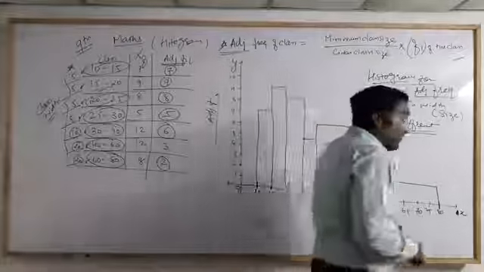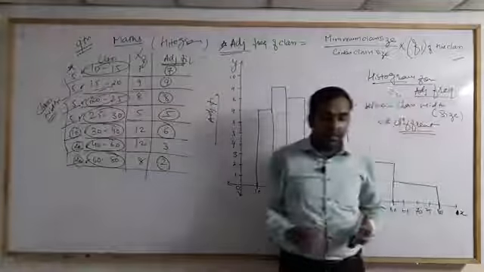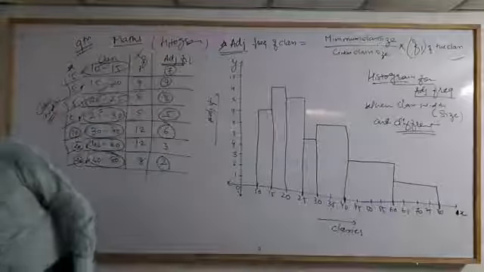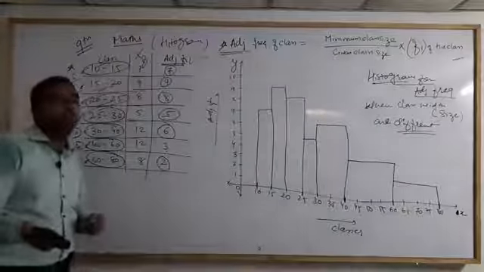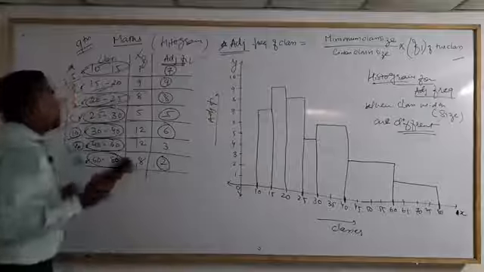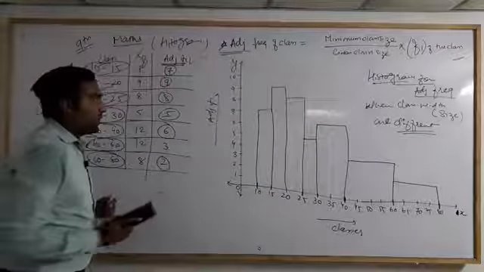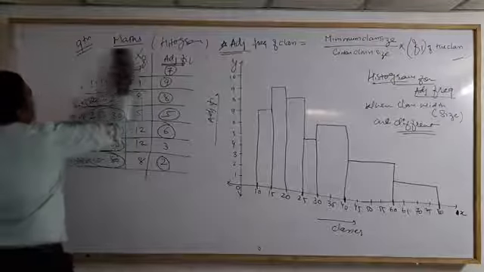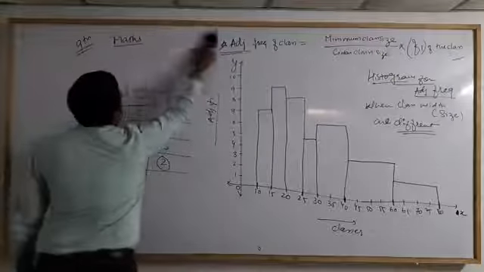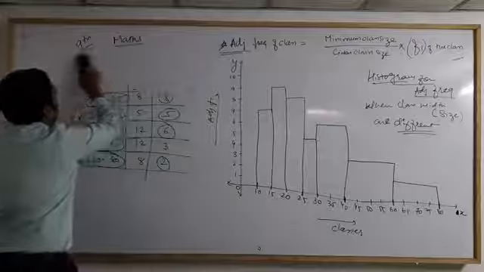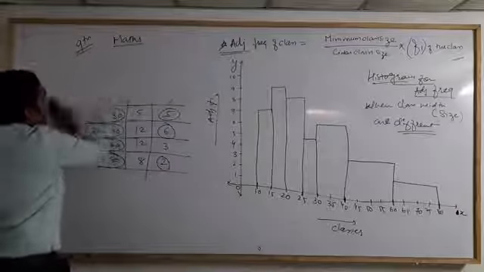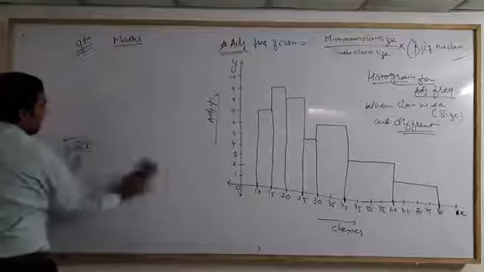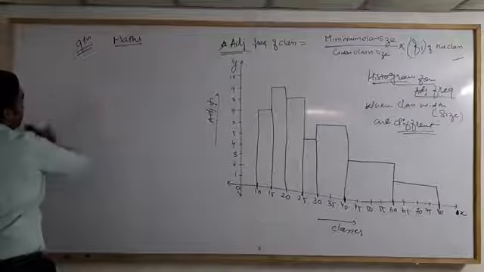Students, now we are learning about central tendency in the next class. Now we are moving to the frequency polygon. Frequency polygons are drawn in two types: one with the histogram and one without the histogram.